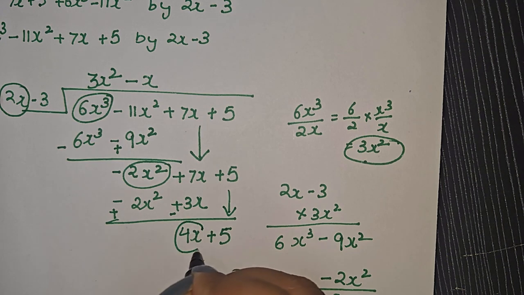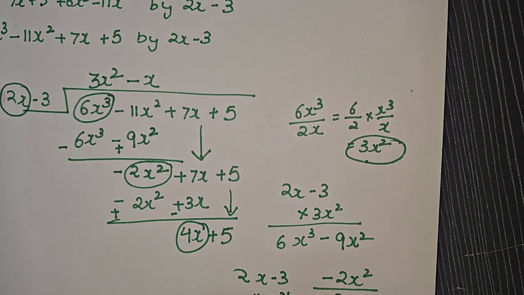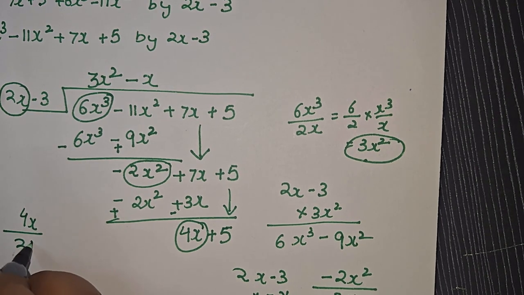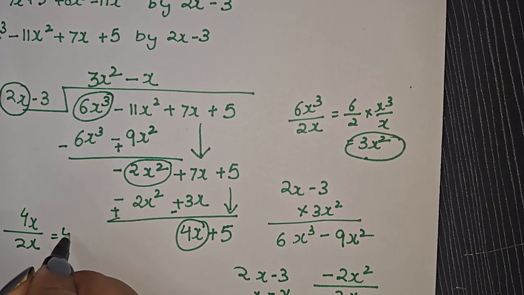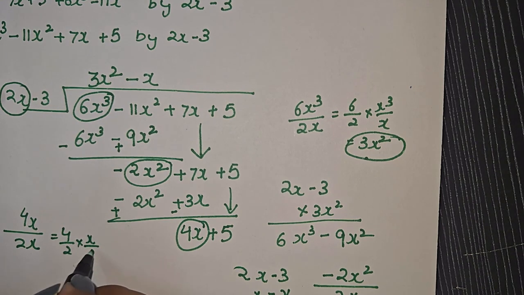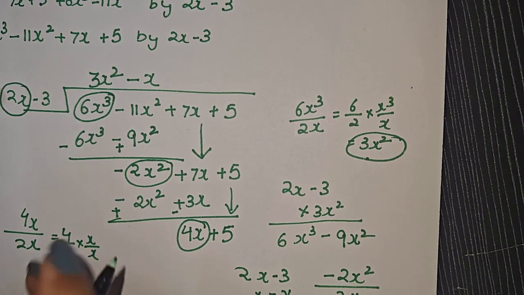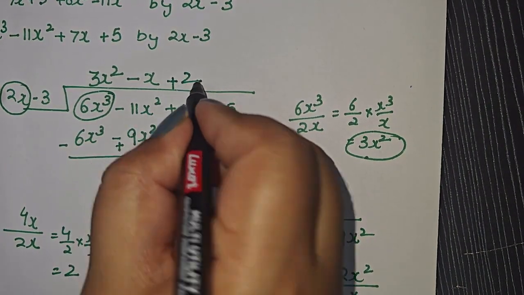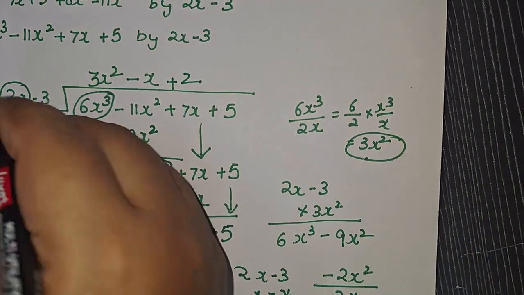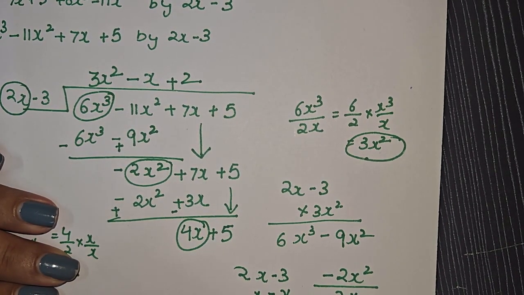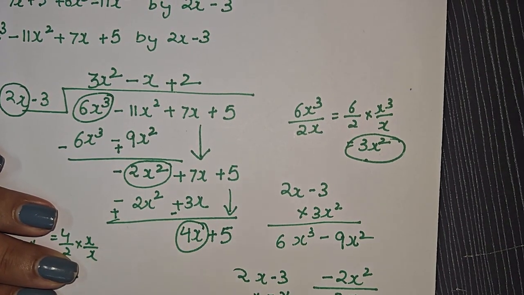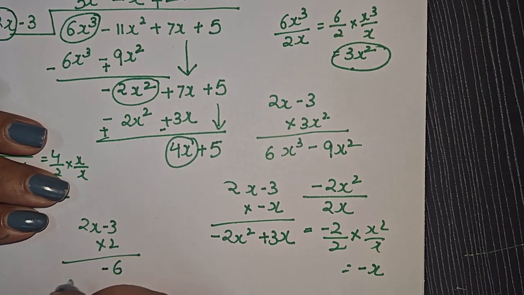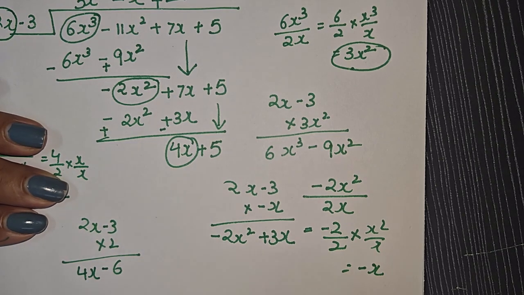Again we have to do 4x upon 2x, which will be 4 by 2 into x by x, which will be 2. So the last term which we have got is plus 2. Now 2x minus 3 into 2. So it will be 6 minus 4x.